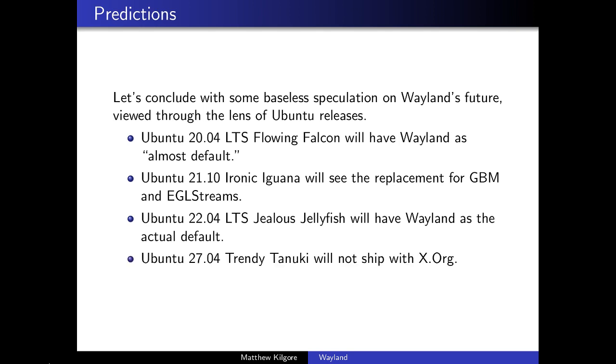And five years after that, with 27.04, which I think should be named Trendy Tanuki, I speculate the X server will not be shipped by default anymore. Nothing beyond XWayland. Do I have any reason to believe these will come to pass as I've described it? No.